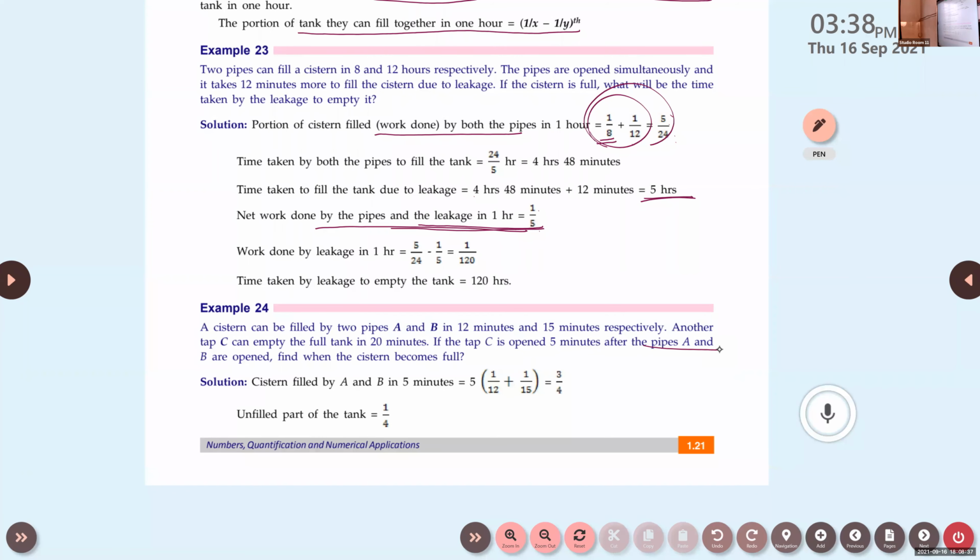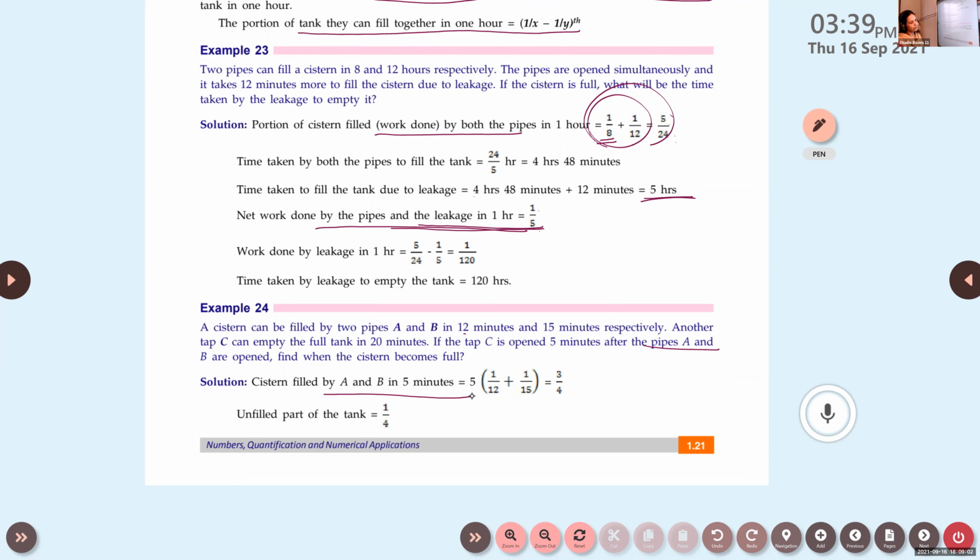How will you do this? The first pipe is filling the tank, the second pipe also fills the tank. So you find out what part is filled in 5 minutes. The first pipe takes 12 minutes to fill the tank, so it fills 1 by 12 of the tank. Similarly, the second pipe fills 1 by 15 of the tank.